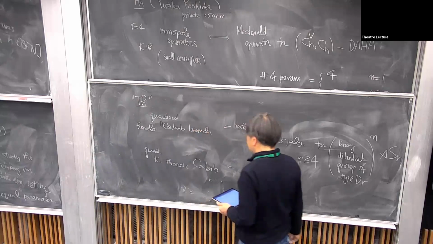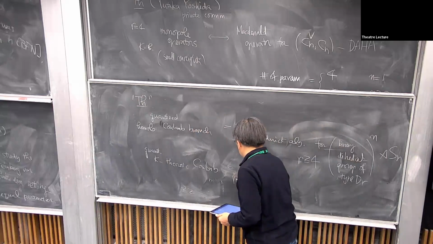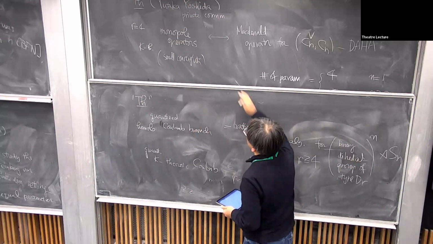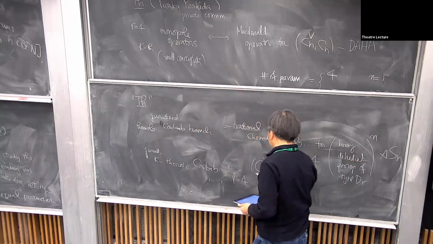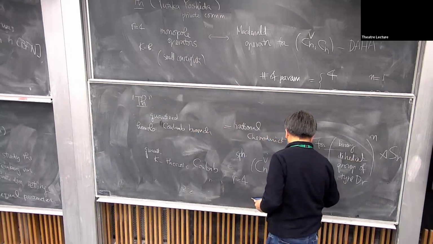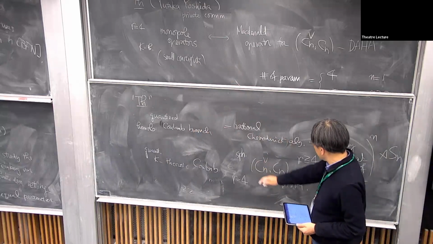And for the K-theoretic one, so far I only convinced myself for R equal to 4 case. So this is C-check and C. I expected from application, spherical part. And I'm afraid I don't know what are the other cases.